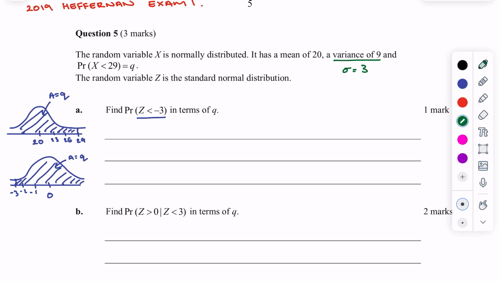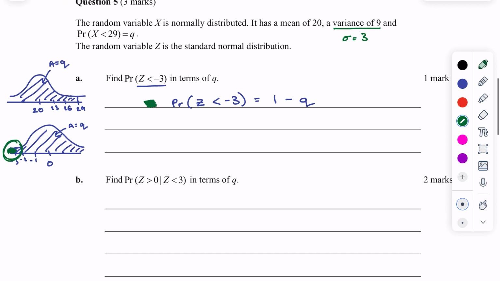Now, we're not focused on finding that area. We're focused on finding this area, which I'm shading in green. Therefore, I can say that the probability of z less than -3 is going to equal 1 minus q. And that's this area here that I've shaded in green. So I'll just put that green area just to denote it.